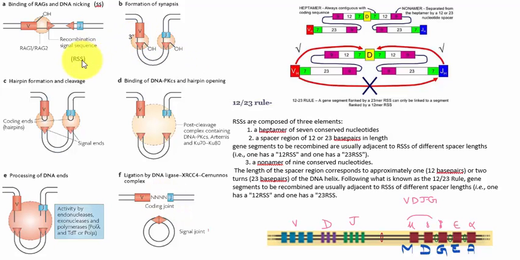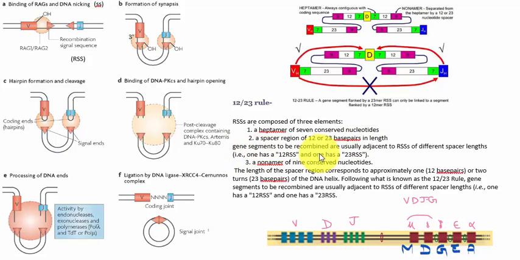So the RSS segment is divisible into three parts. The first one is a heptamer. You can see in this picture, this is the V region, this is the D region, and this is the J region. In these you can see a heptamer of 7 conserved nucleotides present in V, D, and J. Then a spacer region of 12 or 23 base pairs in length.